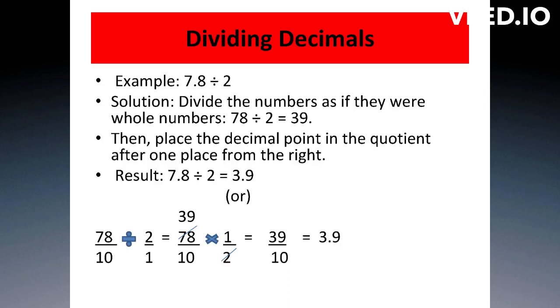In the 2 table, where do you get 18? 9 times. So you'll be getting 39. So 39 by 10 will be left over. So 39 by 10 is what? You will keep the point after one digit, that is 3.9. This is one more way of dividing the decimals.